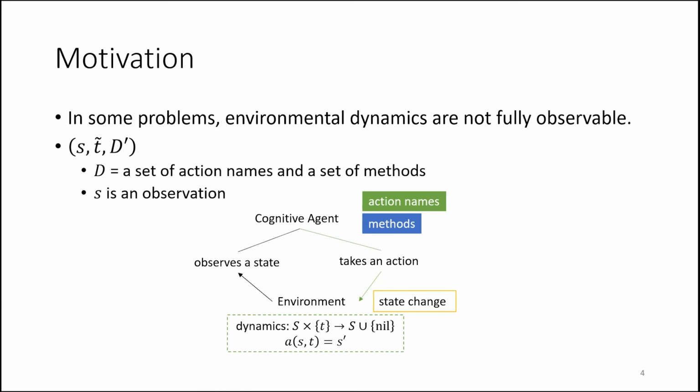So that's one way to look at this problem. But we also, in this case, want to base it on the framework from HTN, and therefore it means that we need to consider the other concepts such as methods.